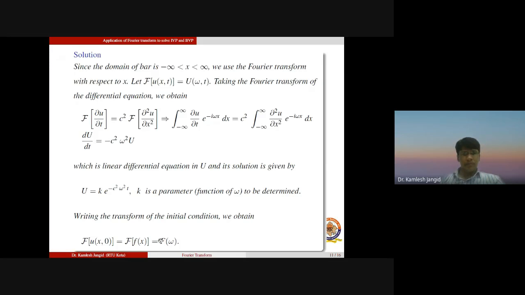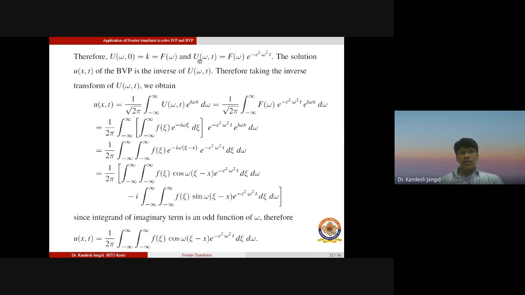Therefore U(ω, t) equals F(ω) times e^(−c²ω²t). So the solution u(x, t) of the boundary value problem is the inverse of this capital U(ω, t).